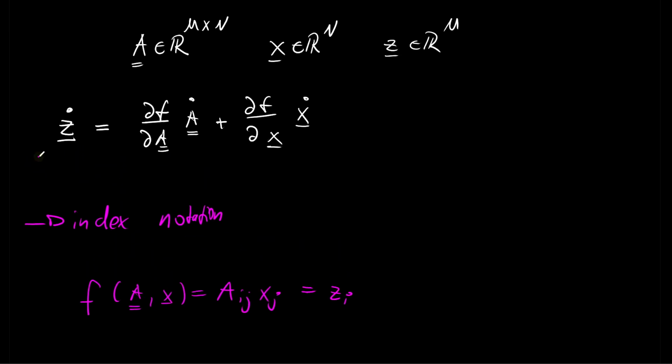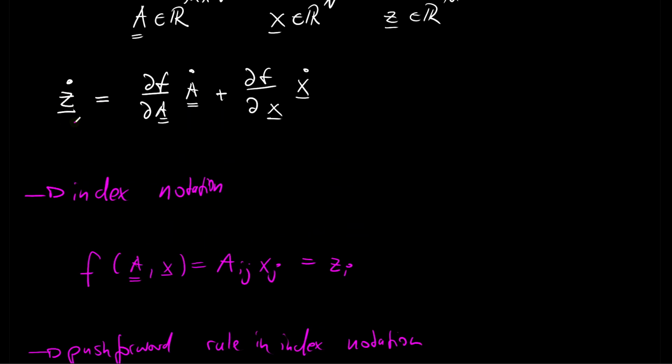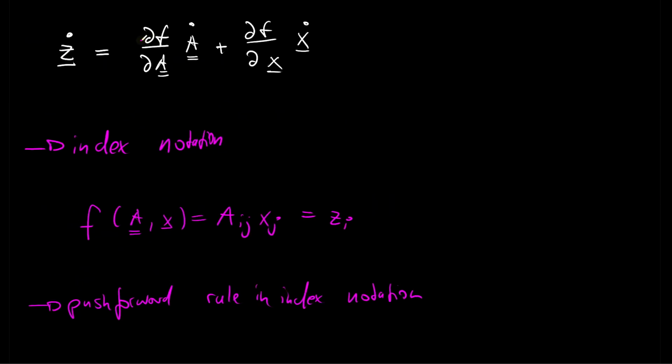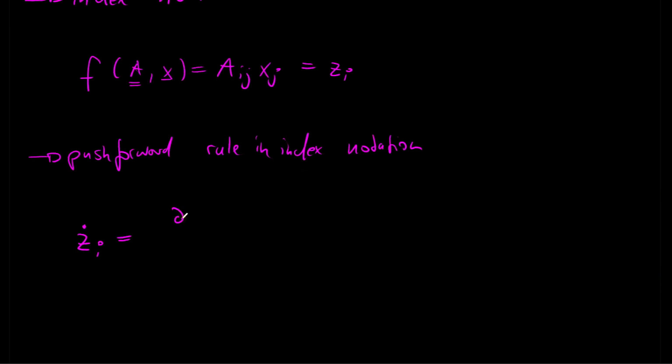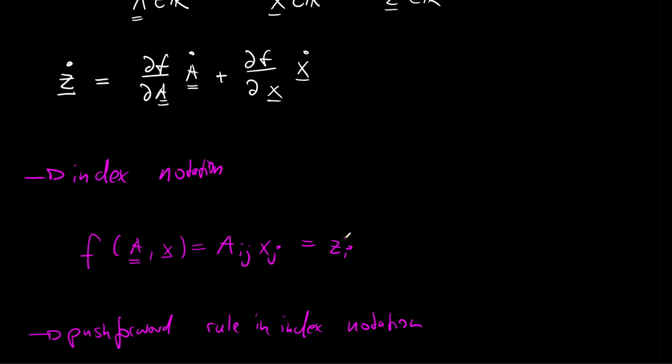Then we can also take a look at the push-forward rule in index notation. For this rule we are looking at the ith index of the output tangent, so we will do z dot index i, which as a consequence is given by the derivative of, well, f, and here I'll just use the output of the function z i in order to work in those terms.